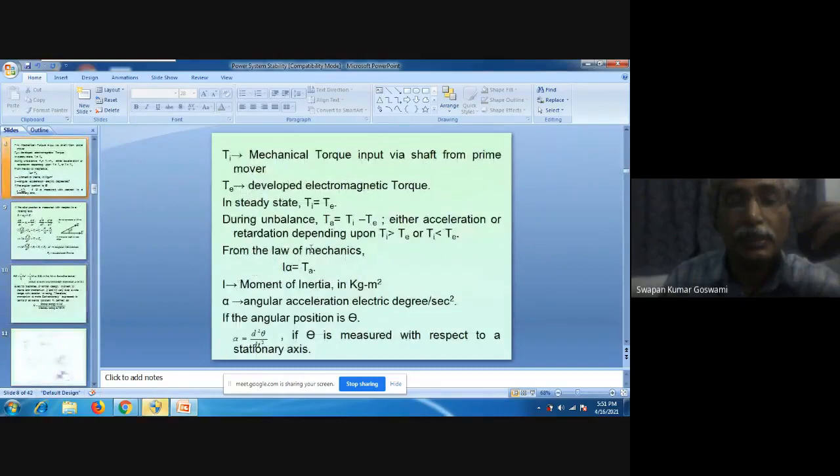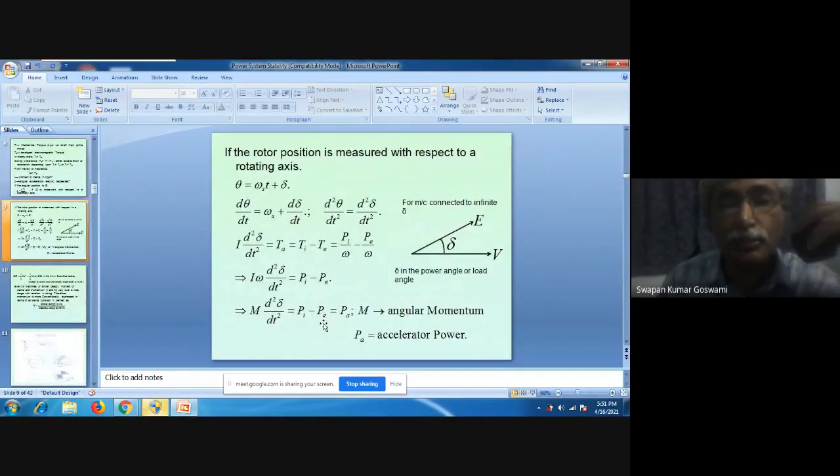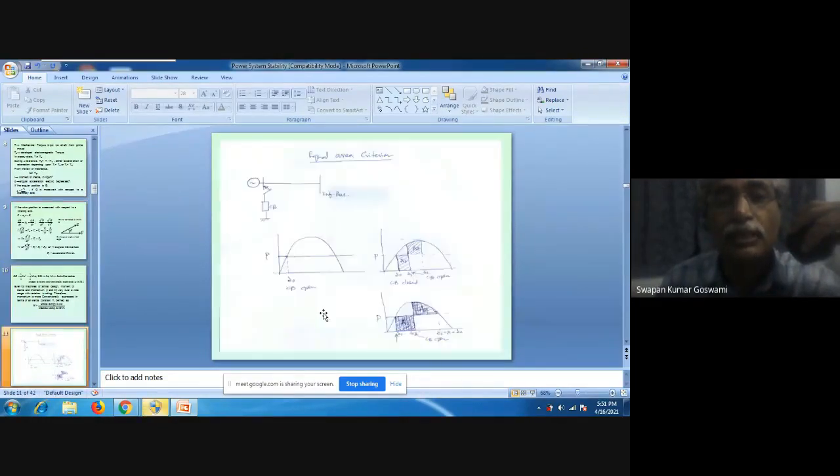So we shall be interested to understand the stability problem from here, and then we shall be moving towards the development of the equal area criterion, because the equal area criterion avoids the numerical solution of the problem.